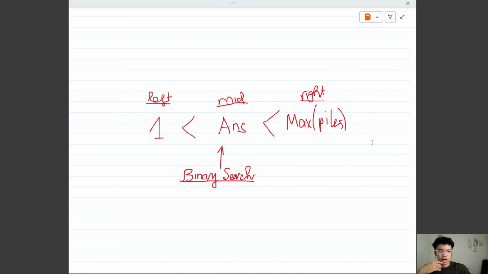If we initialize the left equal to 1 and the right equal to max pile, the answer is in between. If you have some experience in binary search before, you will know the mid is the average sum of left and right. Now let's get into the coding.